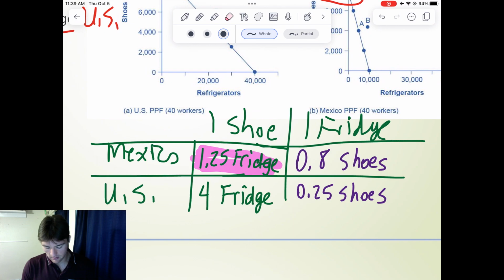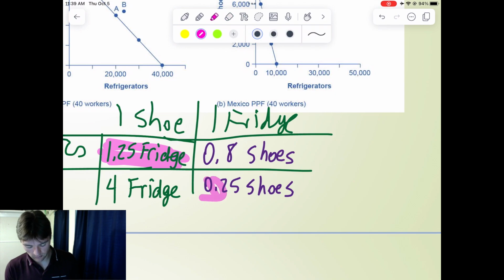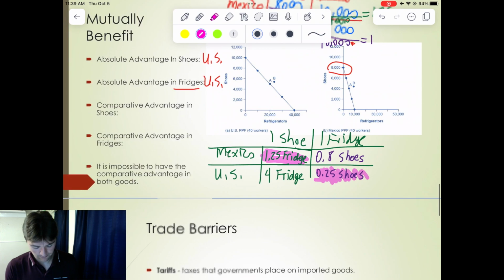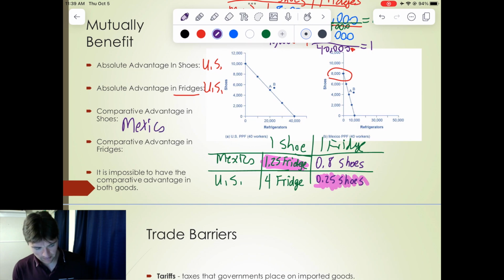And then over here you can see that Mexico can make 1 fridge for 0.8 shoes, or the US can make 1 fridge for 0.25 shoes. So therefore, the US is going to make fridges. So comparative advantage in shoes, Mexico. Comparative advantage in fridges, that's going to be the US.